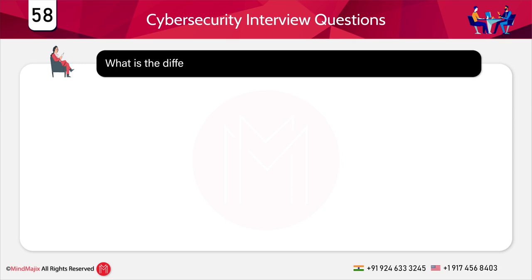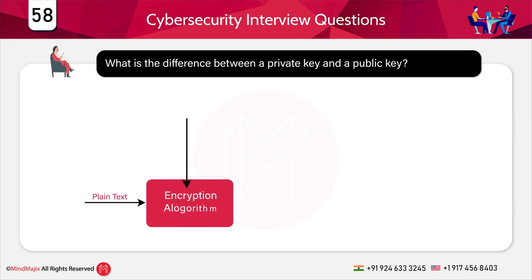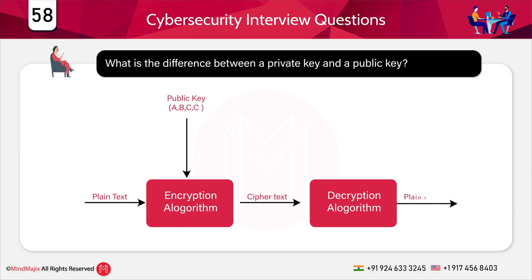Next, what is the difference between a private key and a public key? Now, this is quite important and it is based on your understanding how you're going to answer. If you ask me, I'm going to answer as simply as: a private key is something that you cannot tell or share with everyone. It is meant to be kept confidential as well as limited to the owner itself.